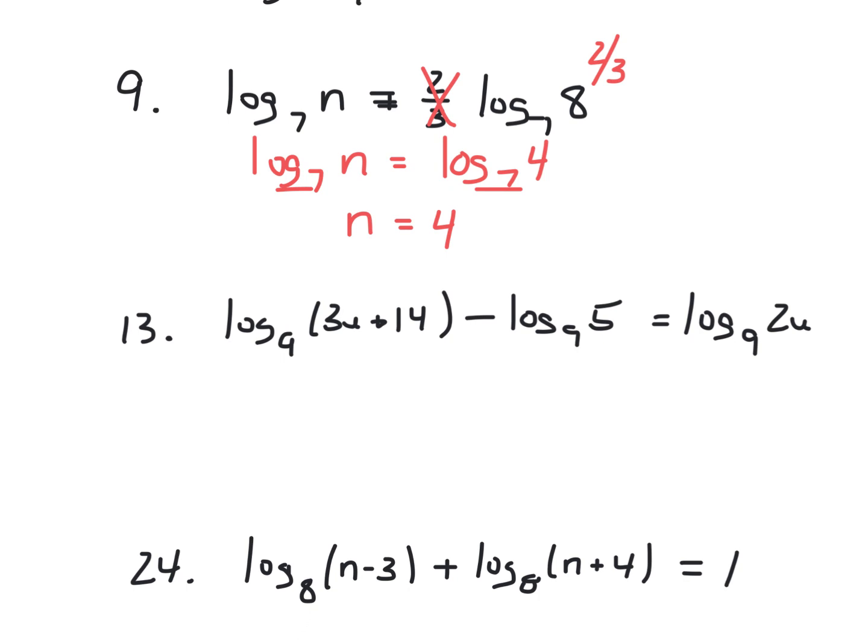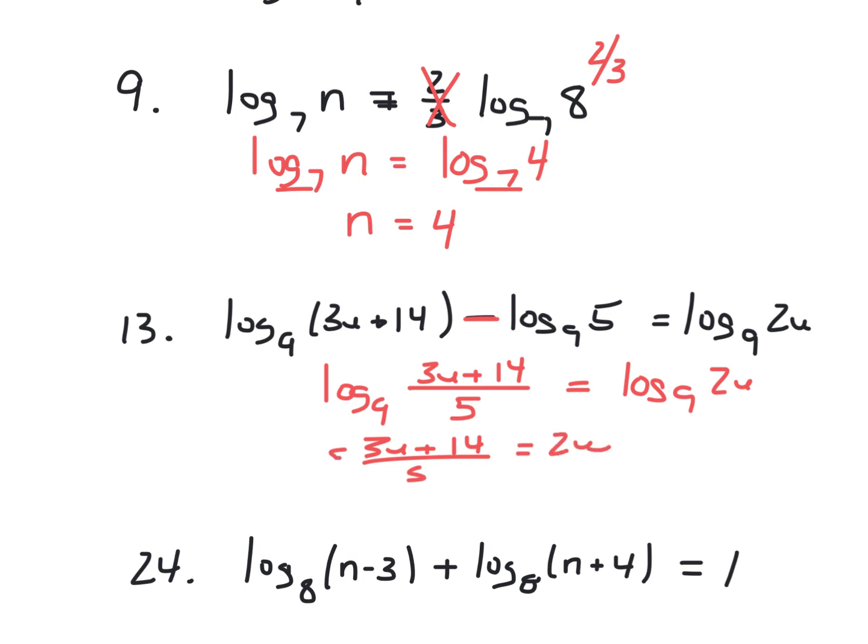Number 10, we're subtracting 2 logs here, which means if they've got the same base, I can combine and divide them. So 3u plus 14 divided by 5 equals the log base 9 of 2u. And now we've got the same base on each side, so I'm going to set these equal.